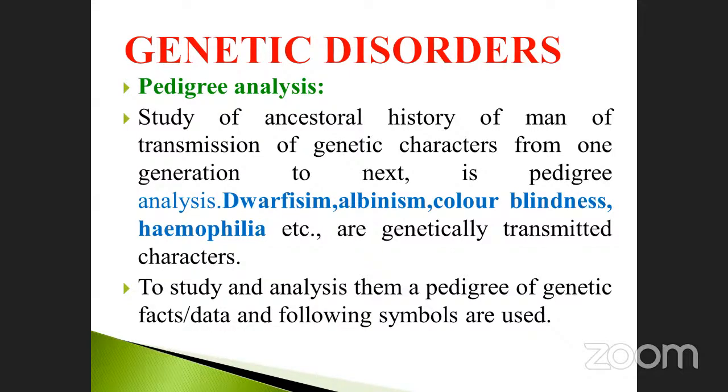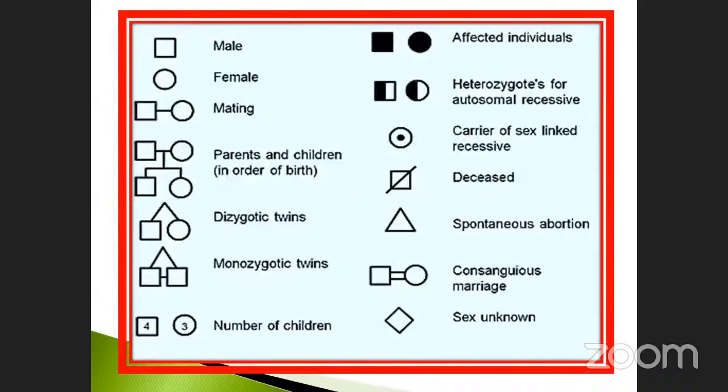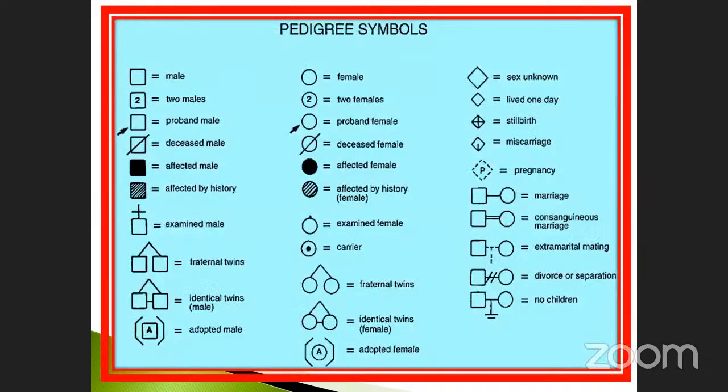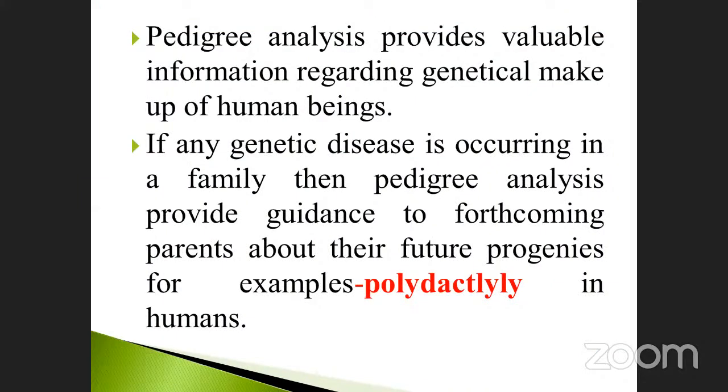As a result, the protein molecules are affected and some diseases are produced, which were identified in pedigree analysis. It is also one of the identification methods, historical and ancestral. We already discussed that. They use some symbols, as already discussed: male, female, mating, and so on. We already saw this in the previous classes.